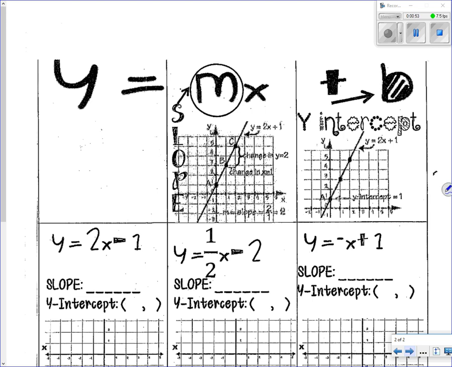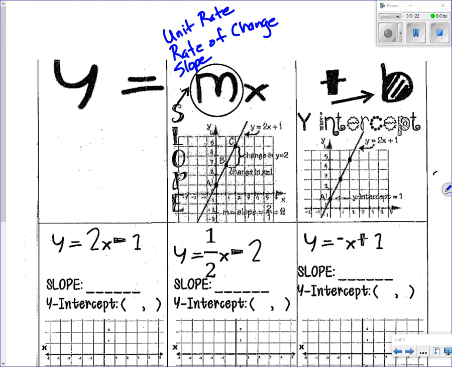Also, we've talked about m is the rate of change. It is the slope, as it says, and it's the unit rate. So it has a lot of different words that we call it, but it is all referring to the same thing.